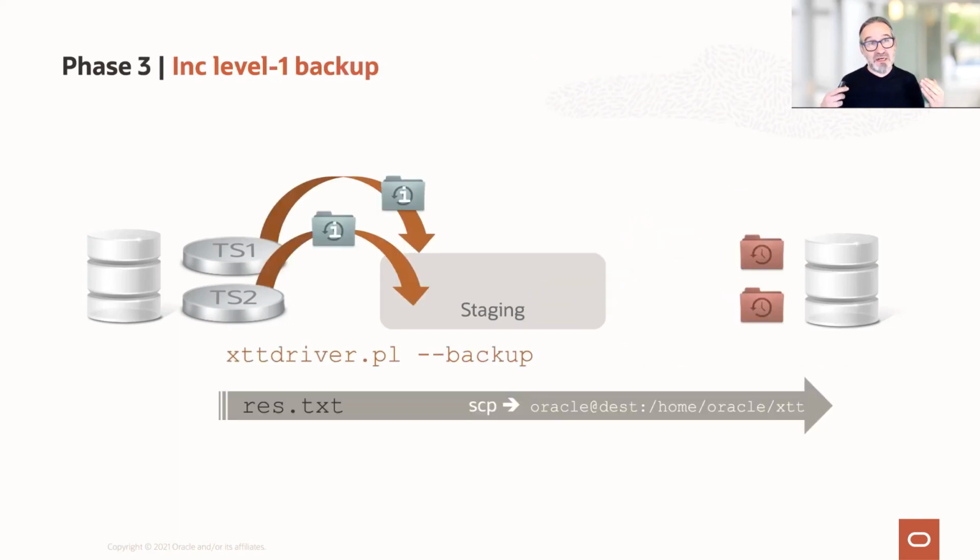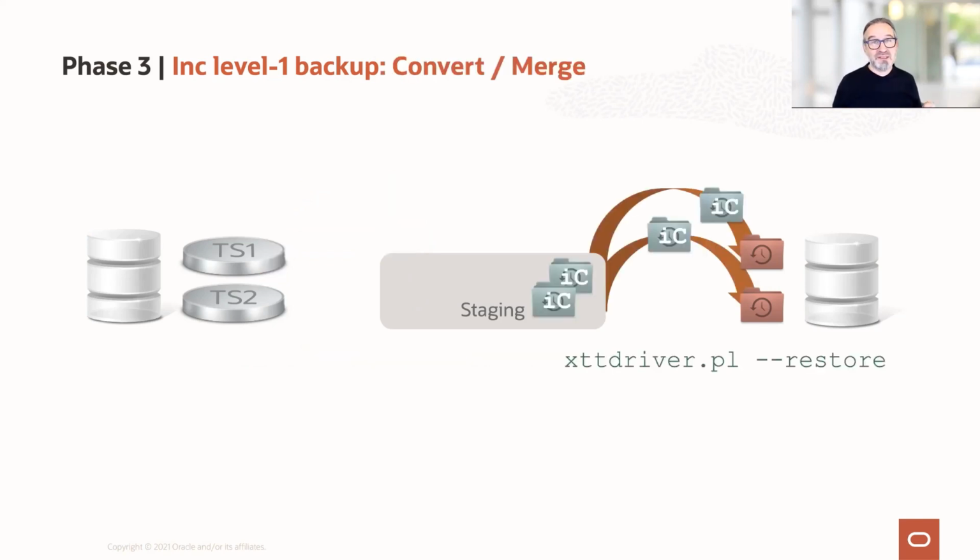Then I can go to phase 3, and phase 3 are now the incremental level 1 backups, the difference between the end of my level 0 and now. So again, XTD driver PL --backup, and again, copy the res.txt file over to the other side. And once it's received in a staging location, I can restore it.